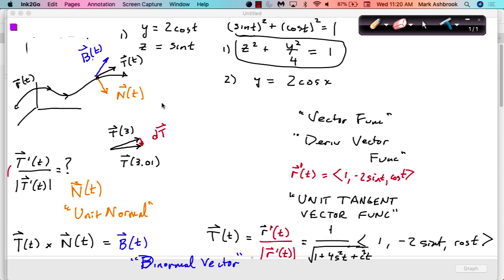But notice, which vector would you need to write its equation? T. So the normal plane doesn't use the normal vector, because the normal vector is in the plane.